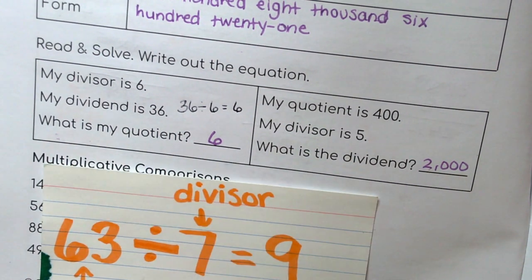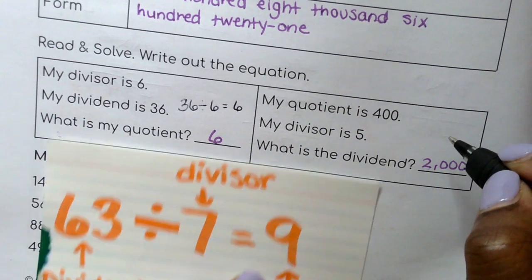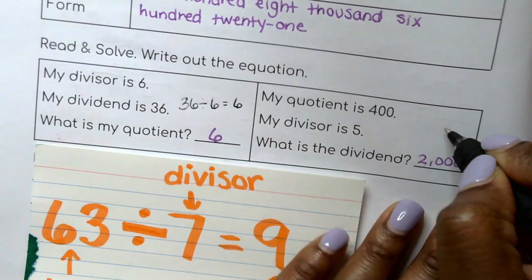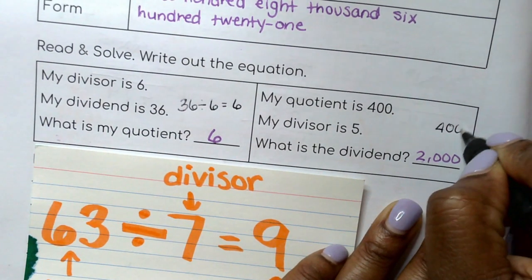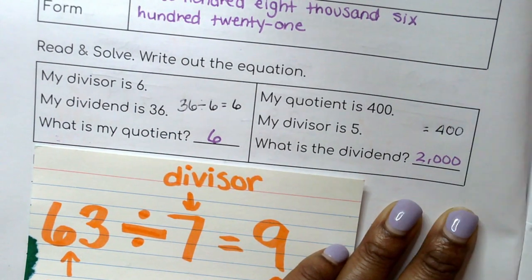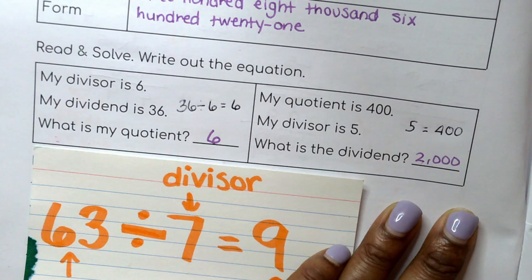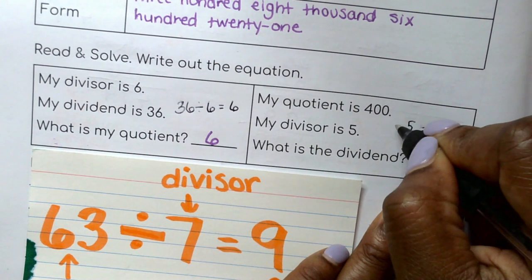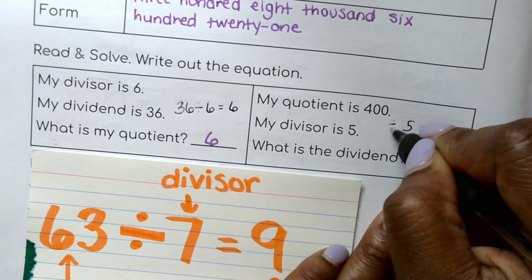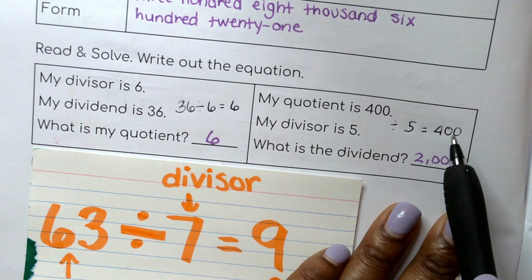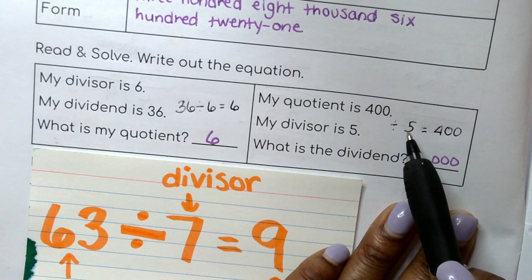Here, it's saying that the quotient is 400. So this is going to equal 400. The divisor is 5. And we needed to figure out what the dividend was. So in order to figure that out, I had to multiply 400 times 5.